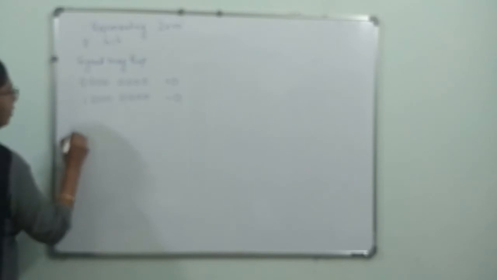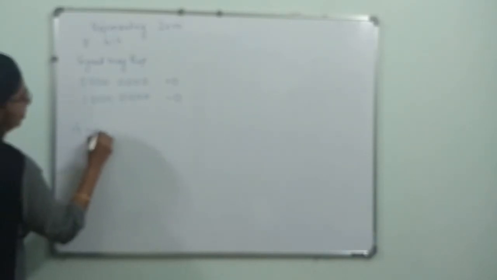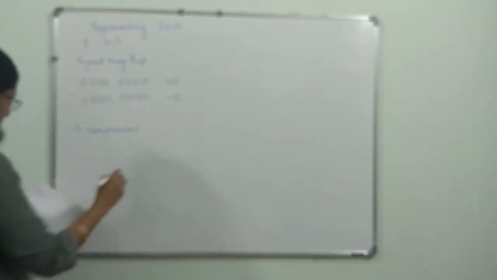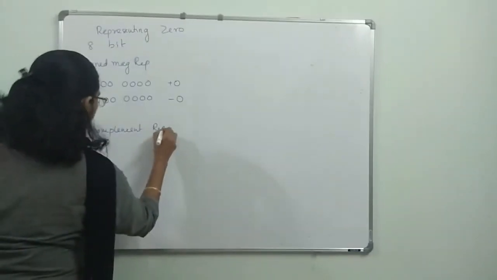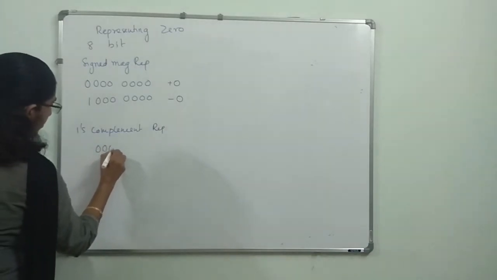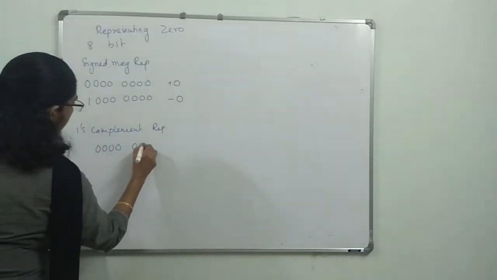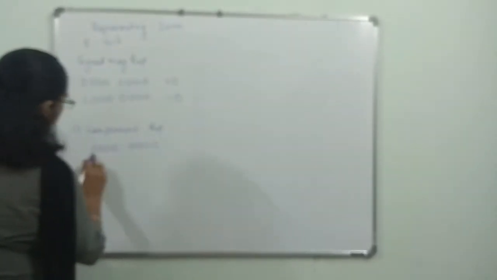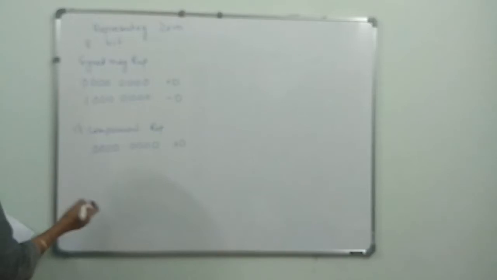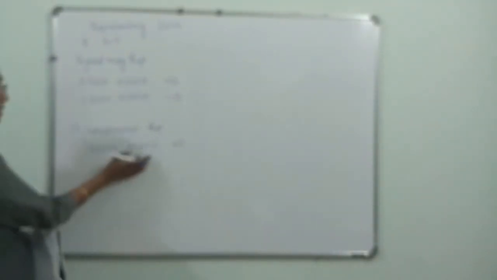Look at 1's complement representation. You have again 8-bit, this 0 is positive, this is giving you plus 0. Then to take the negative of any number in 1's complement, how will you do?